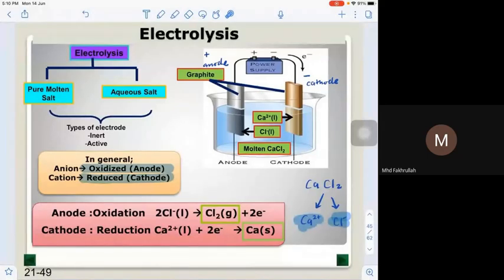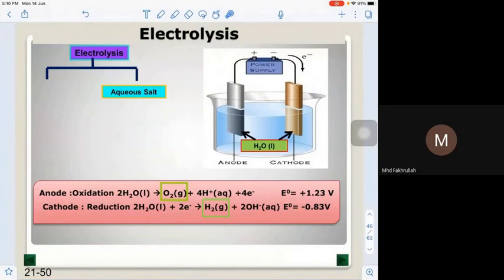Now the second type of electrolyte that we can use is the aqueous solution, which is when we dissolve a salt in water. Let's look at what if we only have H2O as the electrolyte, before we have a salt dissolved in it.